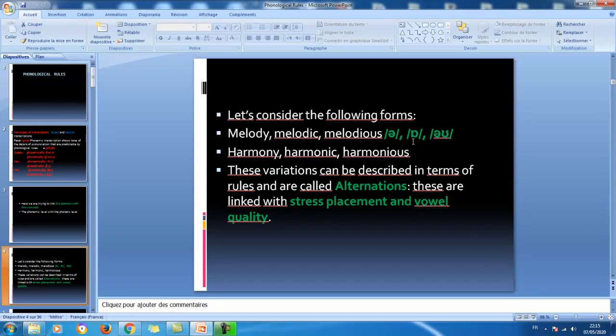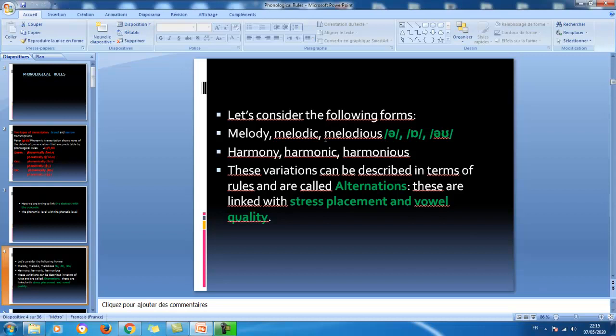Okay, so this change of the vowel from schwa to o here and here is dictated by the change that occurs to the place of the stress. Let me just explain it here. In this word, me is being stressed, melody, but the place of the strong stress changes from me to lo, melodic, melodious.